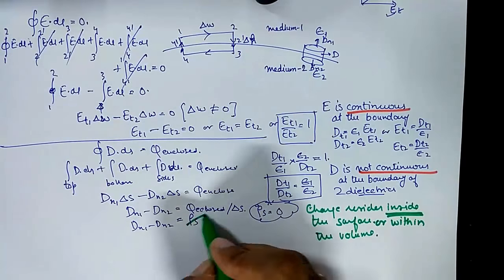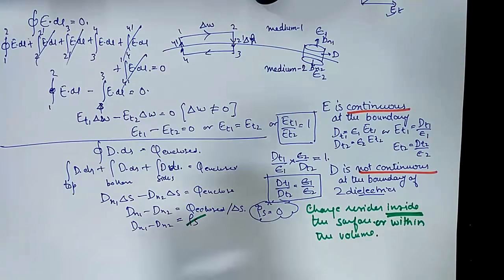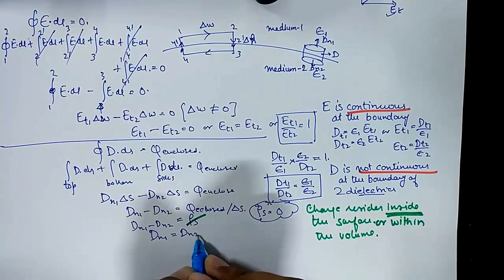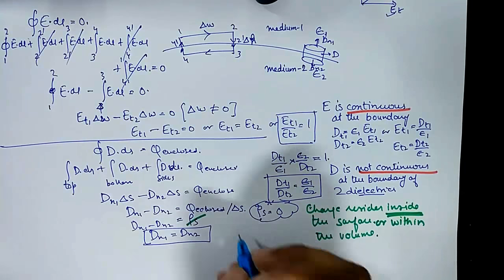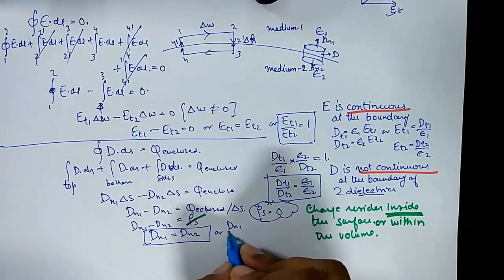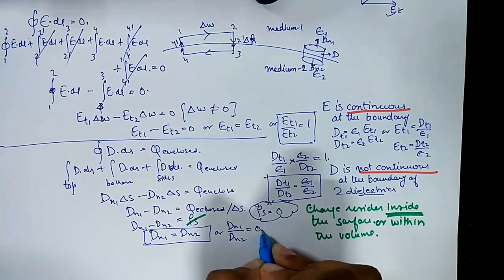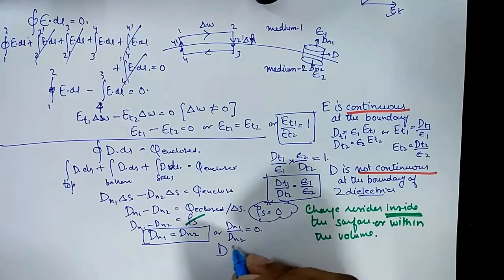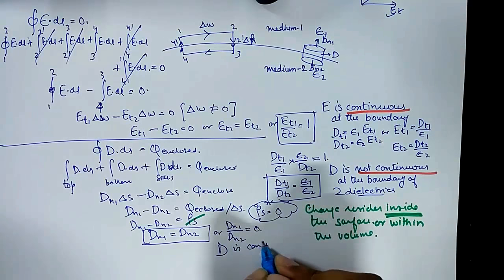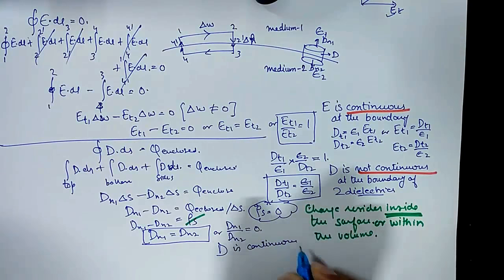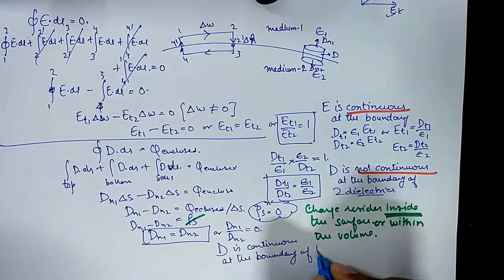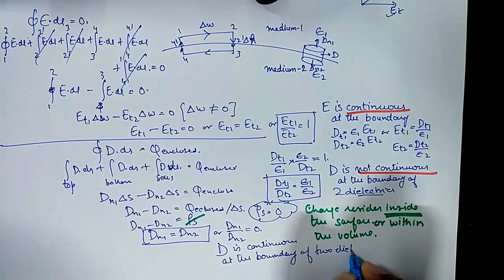So when this thing goes away, we get Dn1 equivalent to Dn2, or the ratio of Dn1 upon Dn2 is equivalent to 1. So D, or the electric flux density, is continuous at the boundary of two dielectrics.